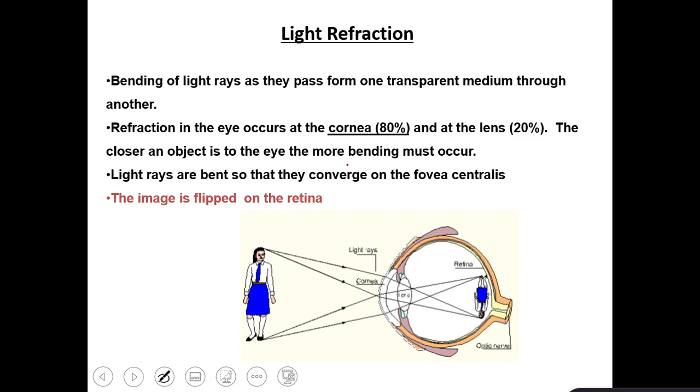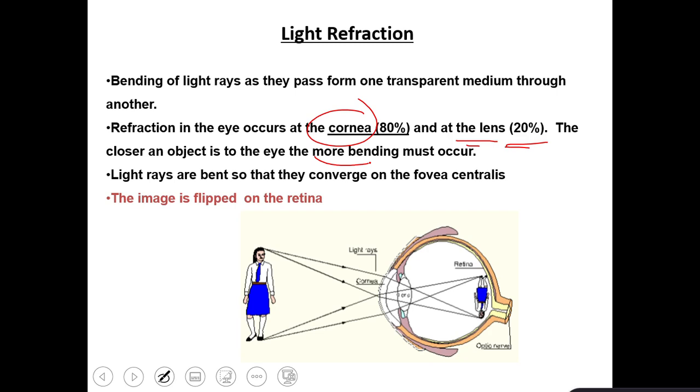80% of our refraction happens at the cornea, only 20% happens at the lens. And the closer the object to the eye, so for near vision, more bending or refraction happens.